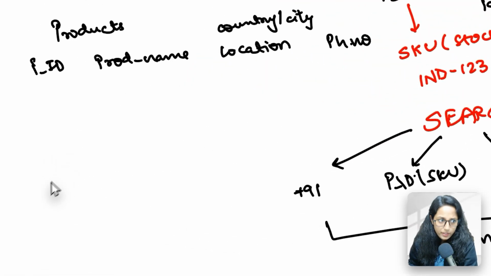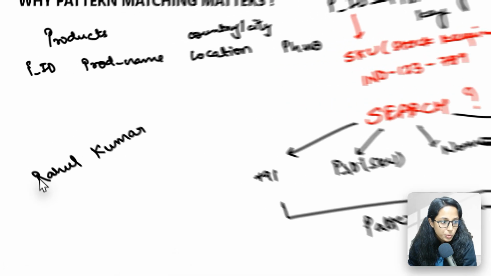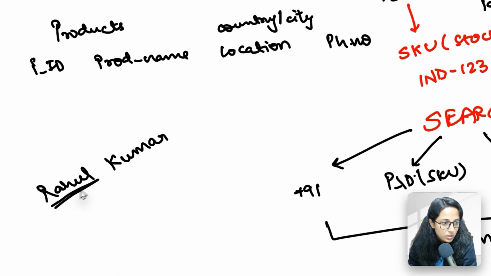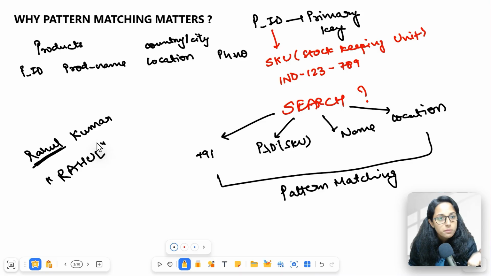So if I say that a guy's name is Rahul Kumar, and I ask you to search, okay, is there any Rahul? What are you going to do? You will search for this particular phrase, right? That RAHUL should be present here. So that's what pattern matching would also help us to achieve.